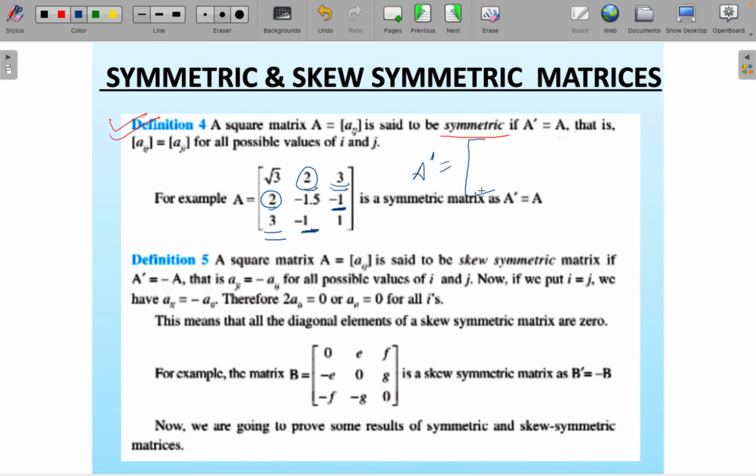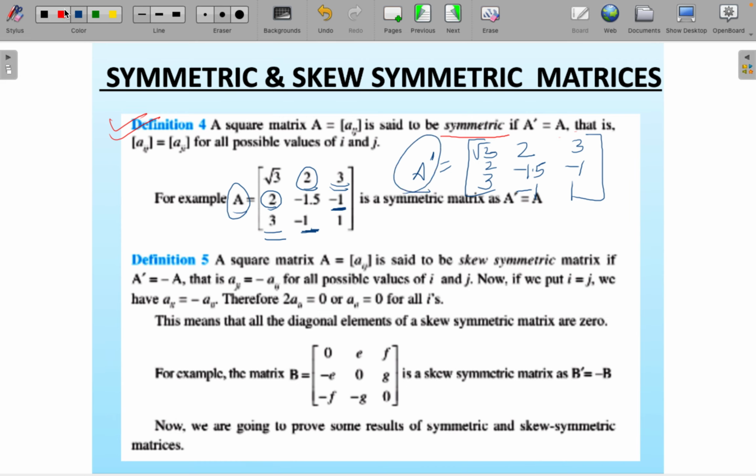Now, let's try and take A transpose. If I take A transpose, the first row can be written as the first column. So root 3, 2, 3. Second row, second column: 2, minus 1.5 and minus 1. And then third row, third column: 3, minus 1, 1. So check. In this case, A and A transpose are the same.